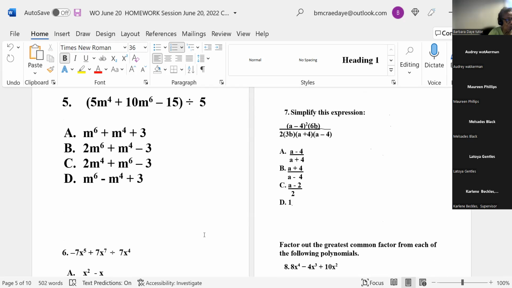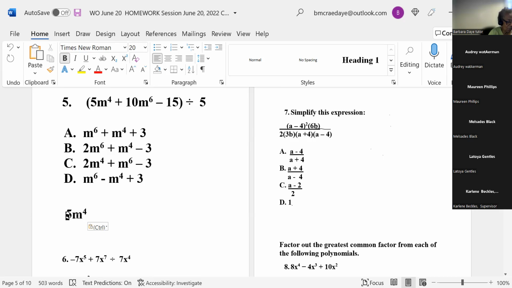What does that give you, Maureen? 5m to the 4th. Let me just take it term by term. 5m to the 4th, just put it here. And that's what we want to get, right?